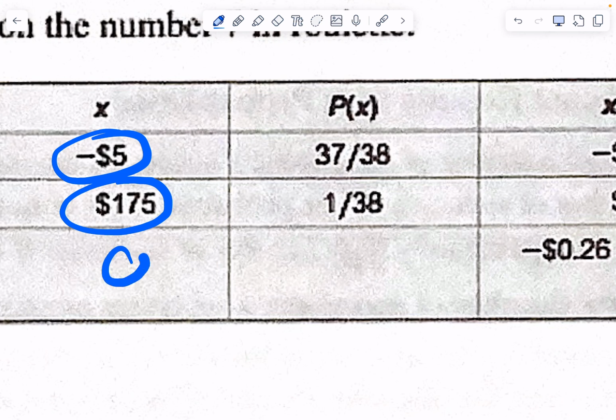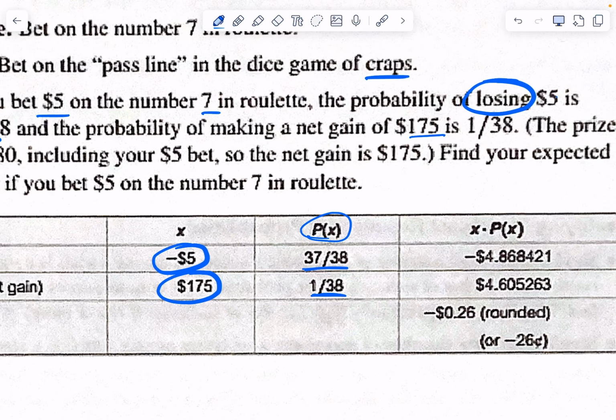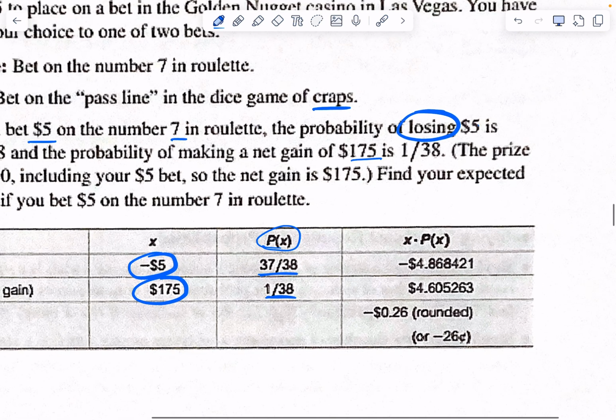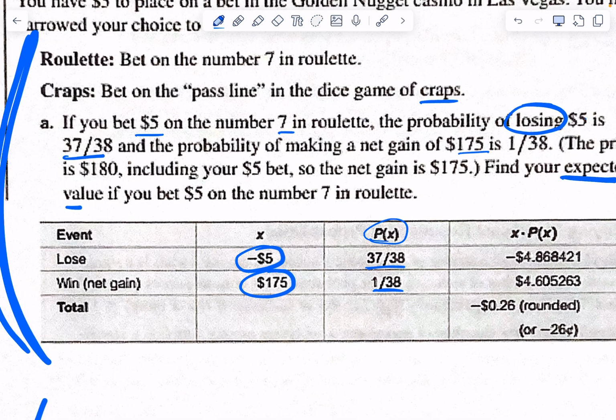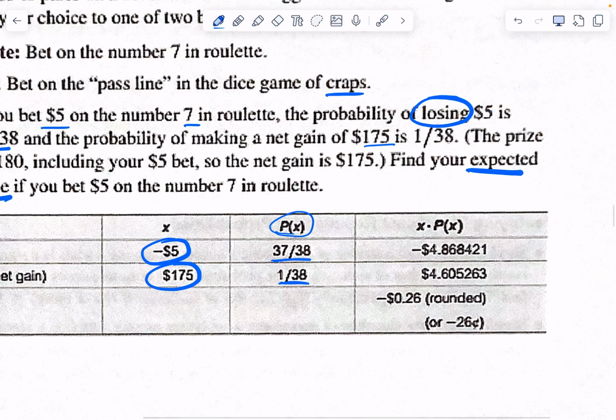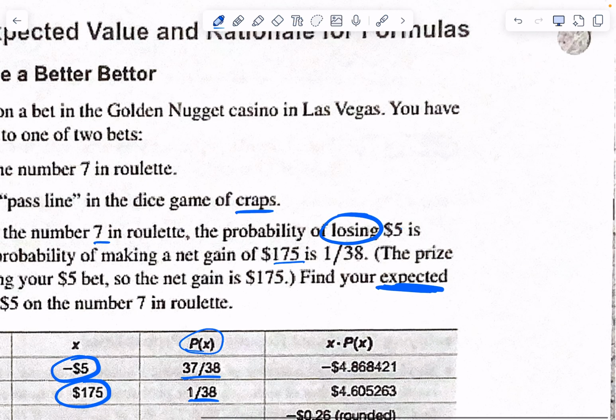Those are your outcomes that happen, like your 0, 1, 2, and 3. And the probability of that happening is 37 out of 38 and 1 out of 38. Now, they ask, find your expected value. Expected value. Write this off to the side.